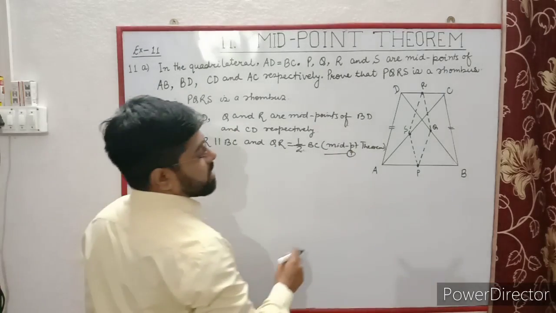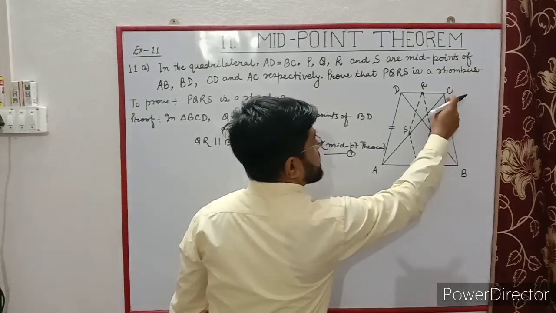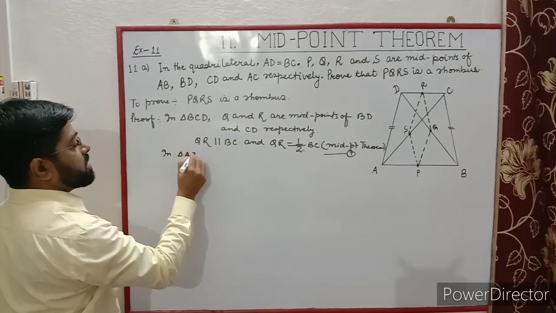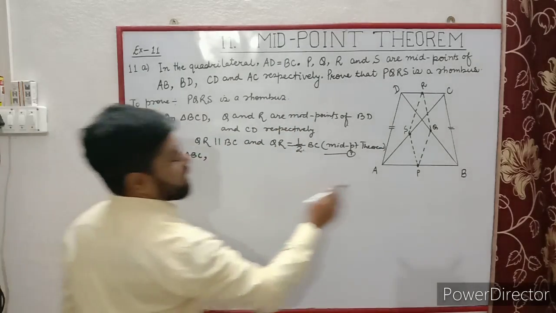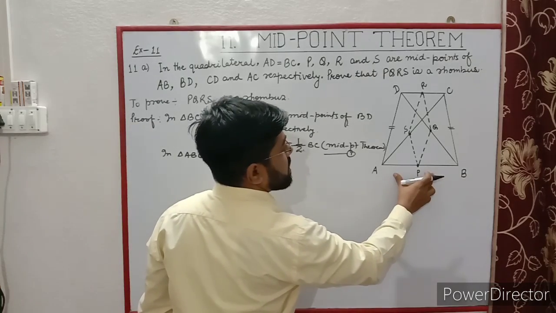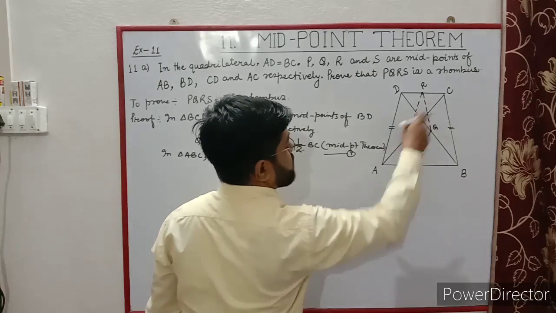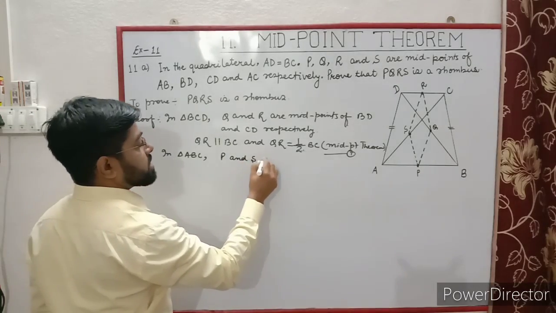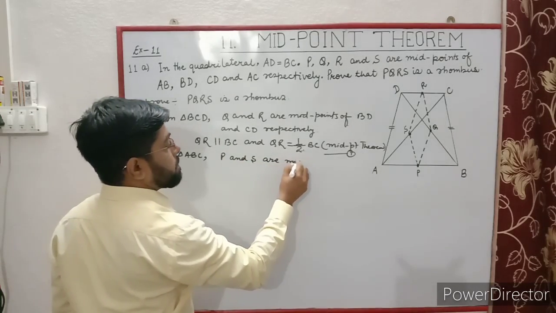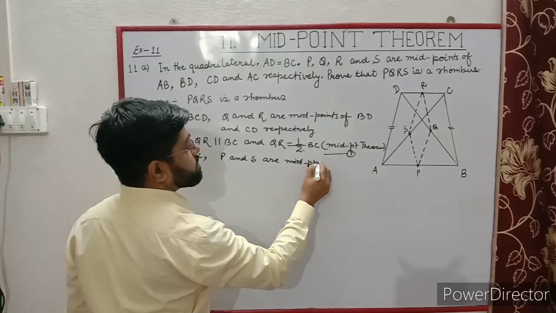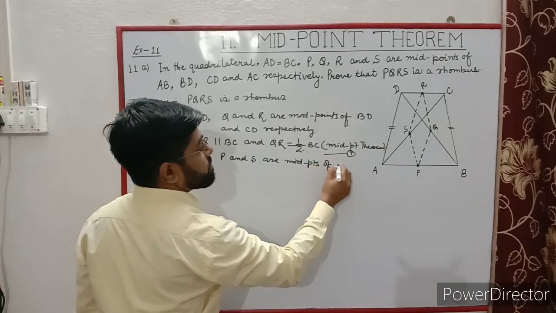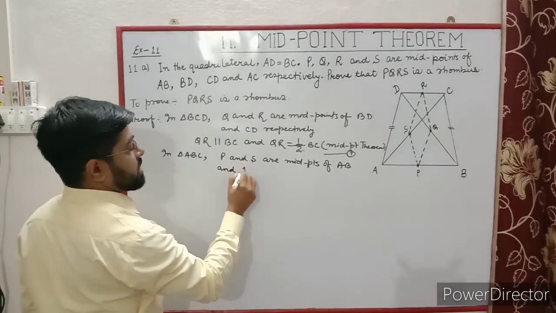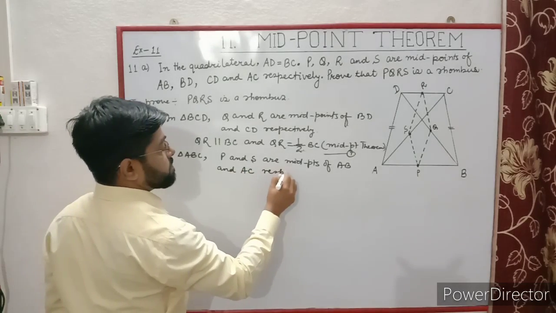Now in triangle ABC, P is the midpoint of AB and S is the midpoint of AC. So P and S are midpoints of AB and AC respectively.